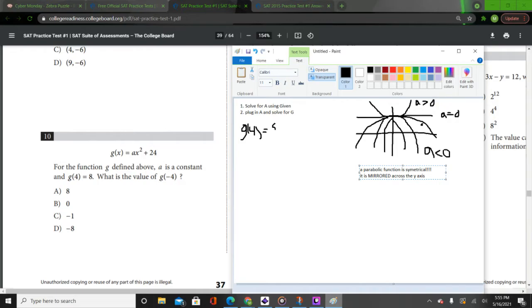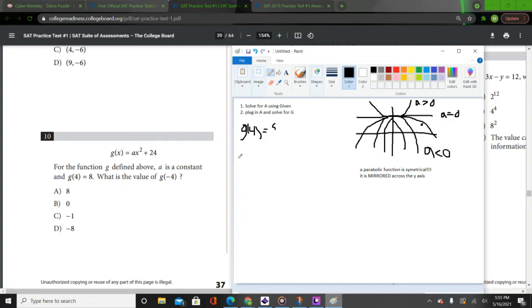Granted, there are other situations. For instance, let's assume the case where we drew this, and its minimum point, or maximum point, will be at 0, because at 0 that is 24.